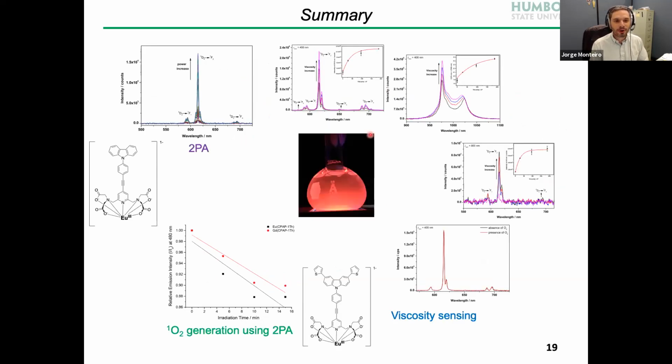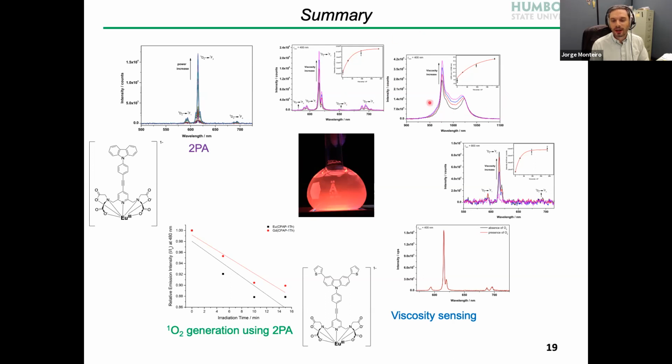So to summarize here, I showed you the capabilities of lanthanide luminescent complexes. They can go 2-photon absorption, so sort of an anti-Stokes transition.